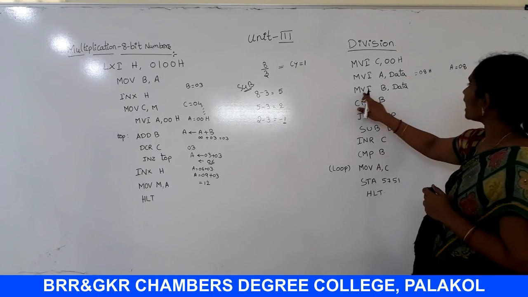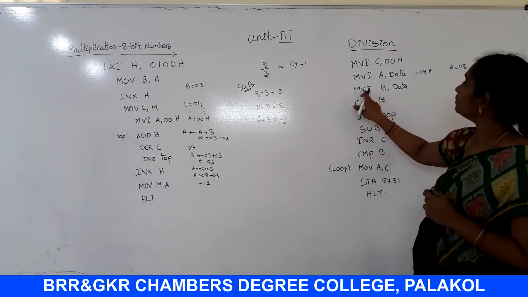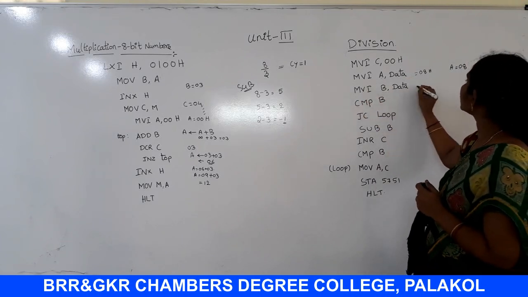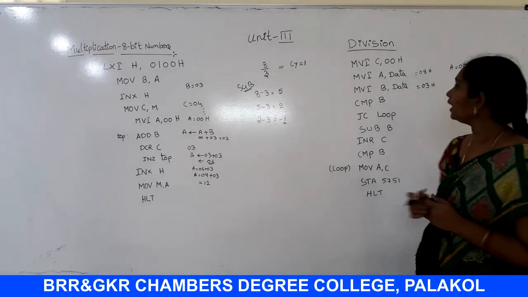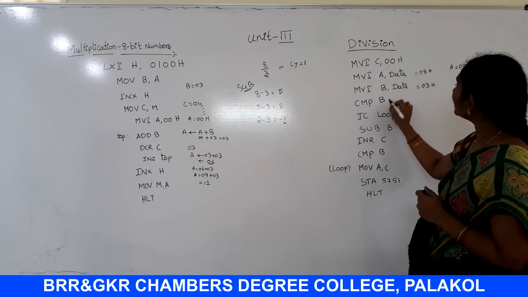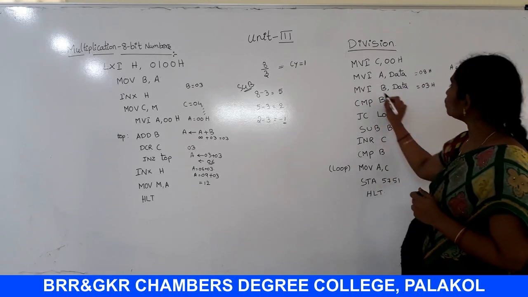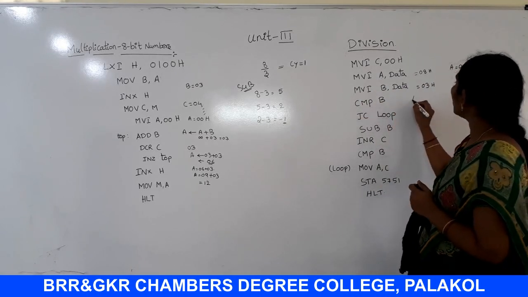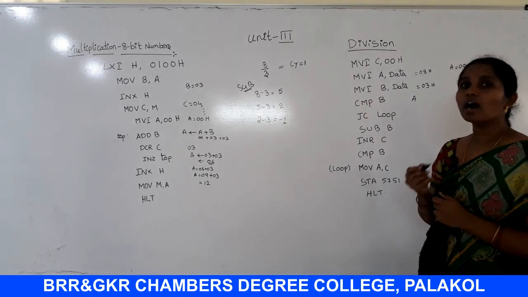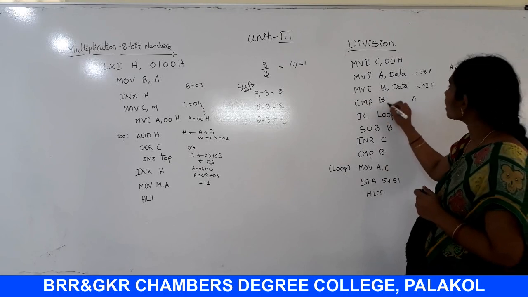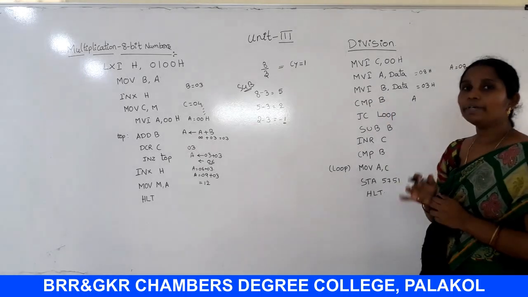The next one is MVI B, move immediate data to B. I consider a number, that is 03 here. Then it will compare B. What is the meaning of this instruction? The contents in the accumulator are compared with the contents stored in the B register.